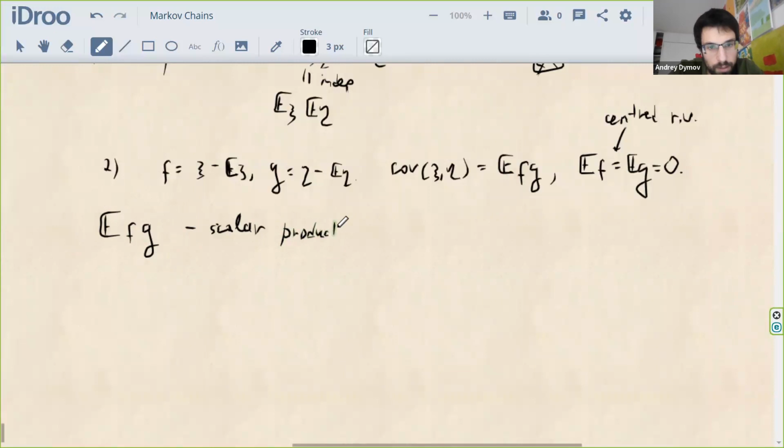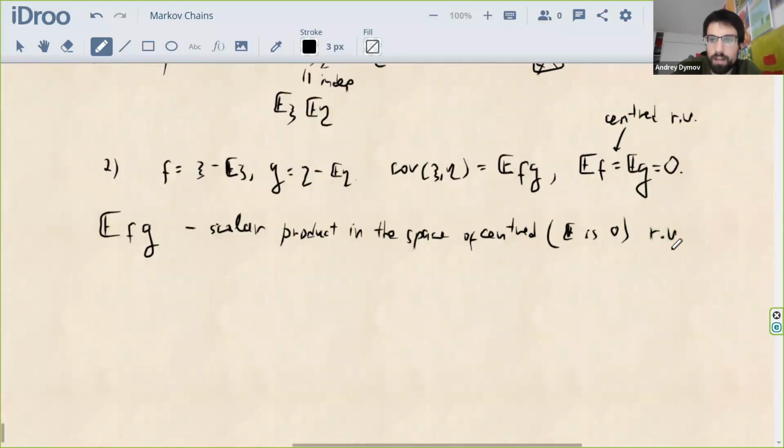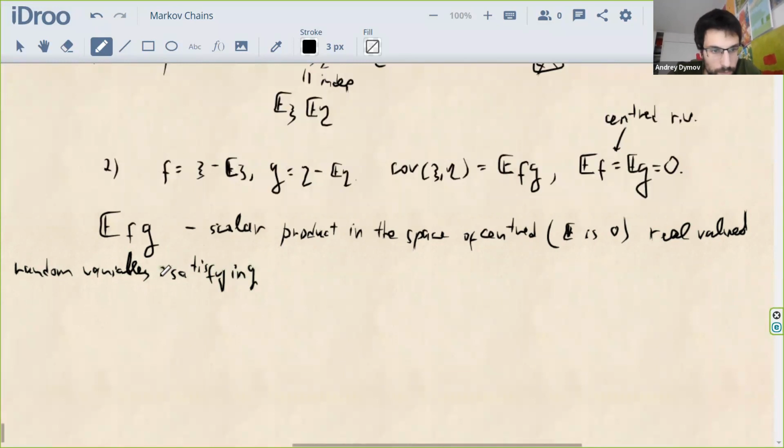It is a scalar product in the space of centered, that is, with expectation 0, real valued random variables, let me call them zeta, satisfying the property that the second moment is finite.